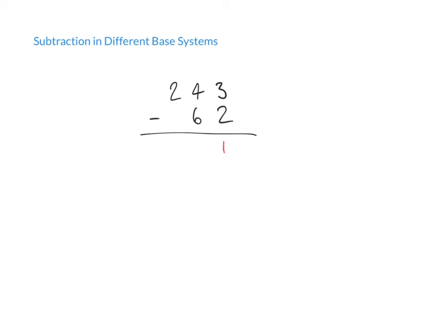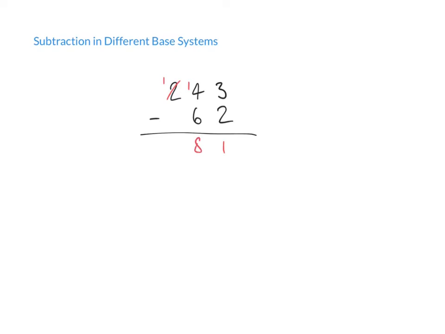Let's do that in our example here. We borrow 1, and so 2 becomes 1. And we add a 1 in front of our number at the top like so. So 4 has become 14. And then we can say 14 minus 6 gives us 8.